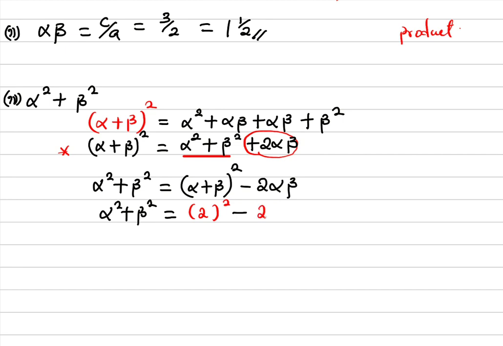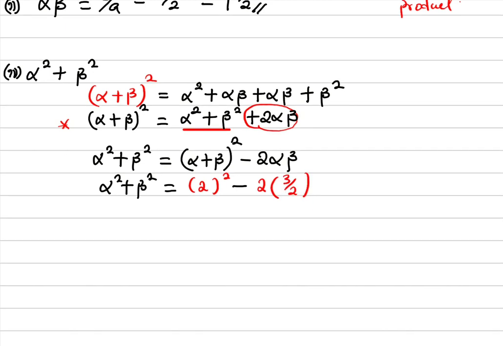So minus 2 all 3 over 2. Now this is what I have. Now working it further, I have alpha squared plus beta squared is equals to 4. Then this cancels, this is going to be minus 3. So the answer is going to be 1. All right. So alpha squared plus beta squared is equals to 1.